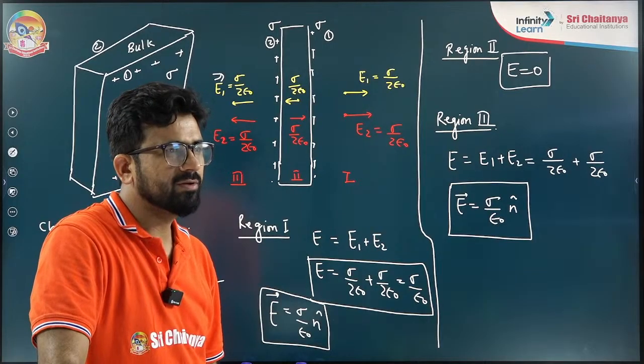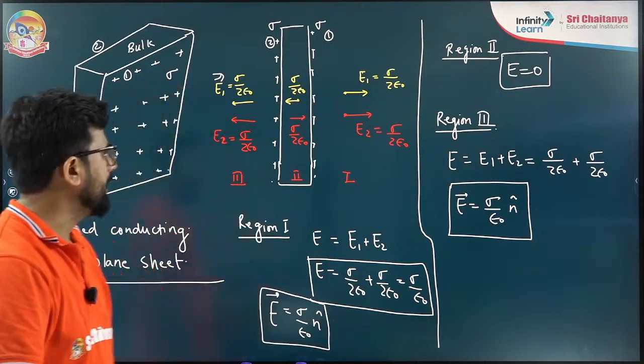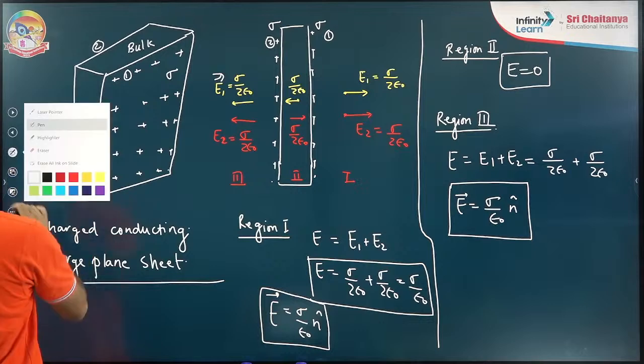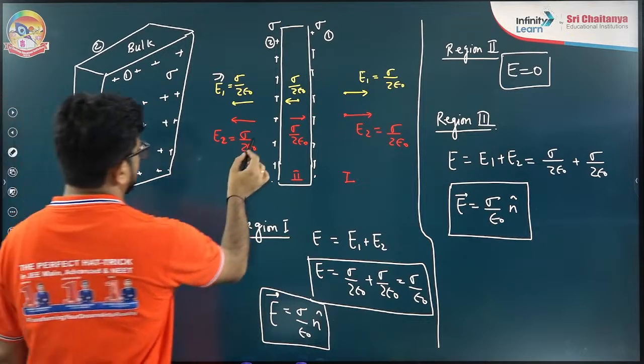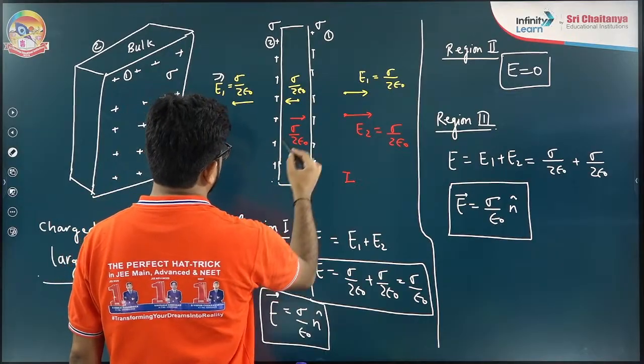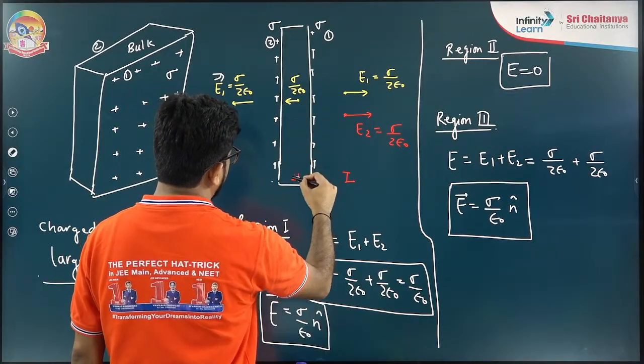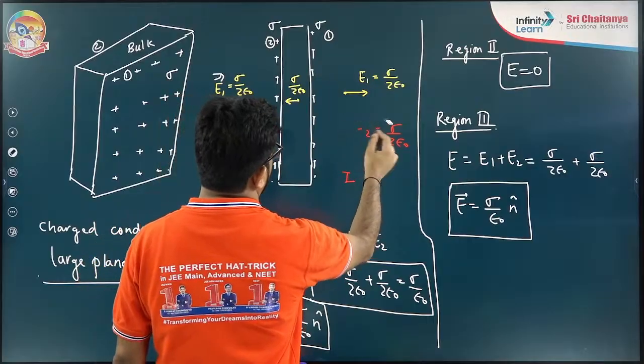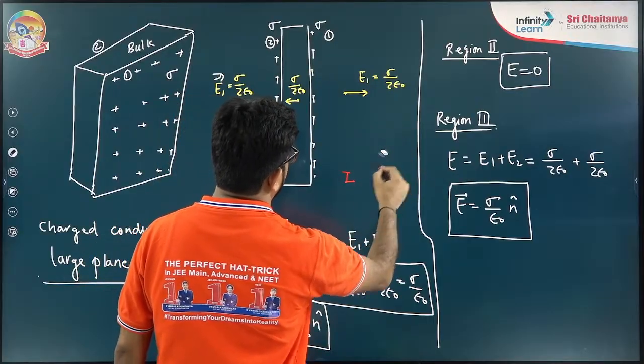Or you can increase your brightness. Red color, okay. I am changing the colors. No problem, I will change. You can also increase your brightness, but I am changing it.